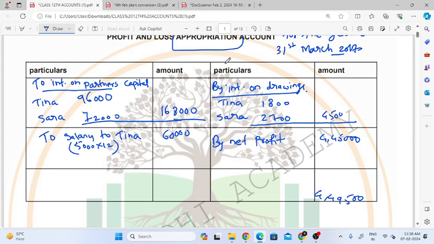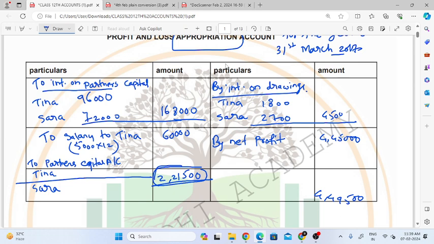So 4,49,500 minus 2,28,000 will give you 2,21,500. Now this 2,21,500 you have to distribute among the partners. So you have to write down to partners' capital account, Tina, and this amount you are going to distribute in the ratio of Tina and Sarah.